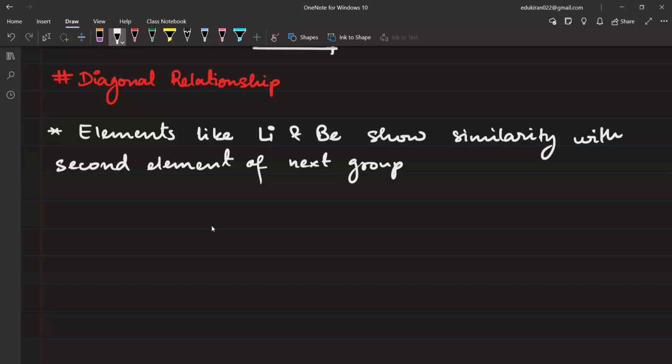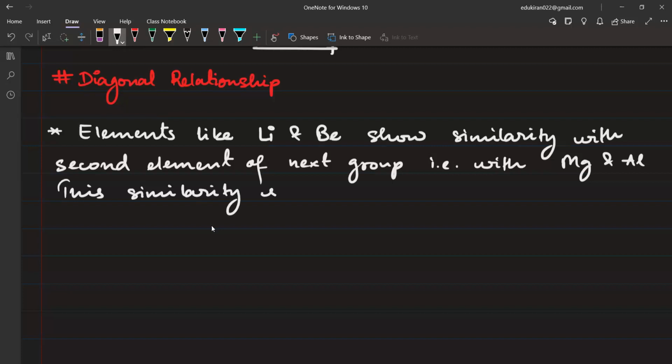That means next group from lithium is, lithium के बाद क्या आता है, beryllium. Beryllium के नीचे क्या आएगा, magnesium. That means next group, that is with magnesium and aluminium. This similarity is known as diagonal relationship.